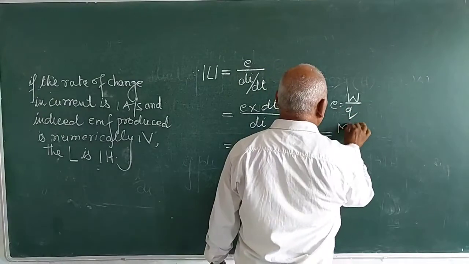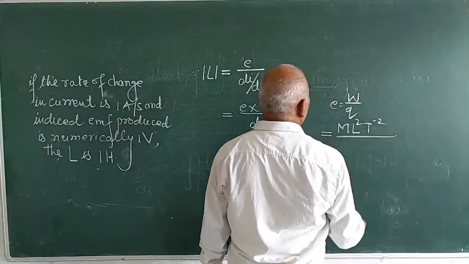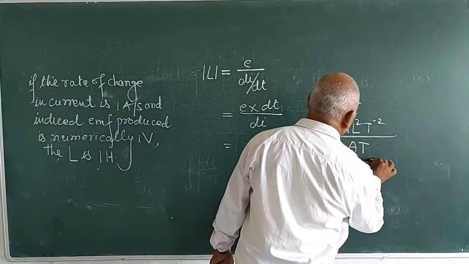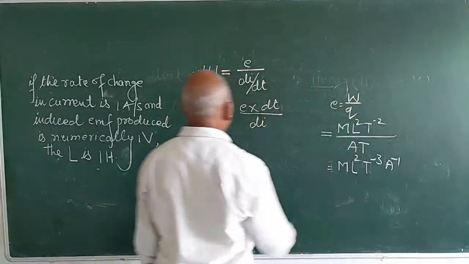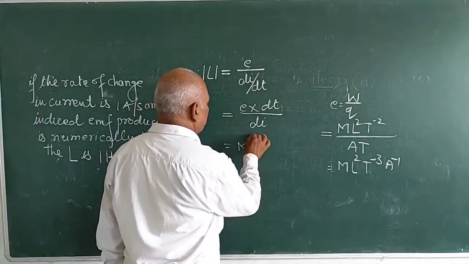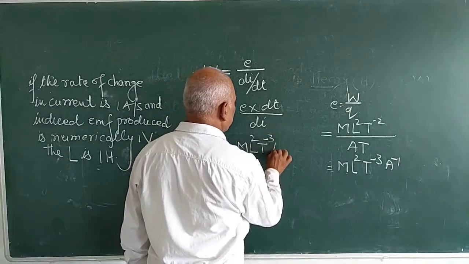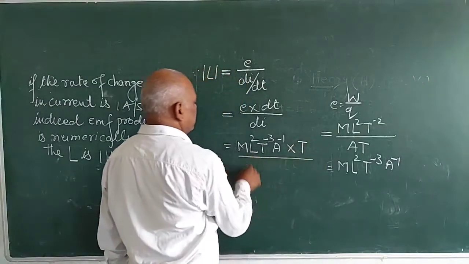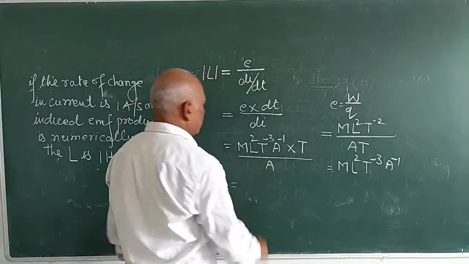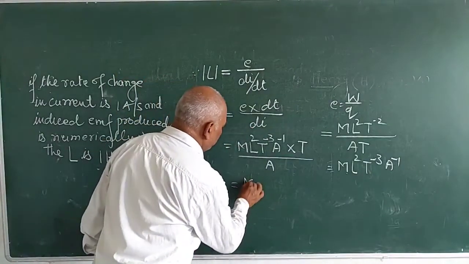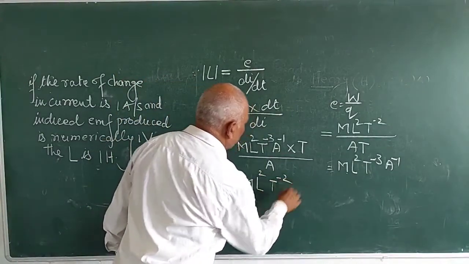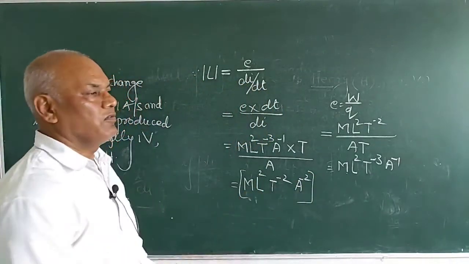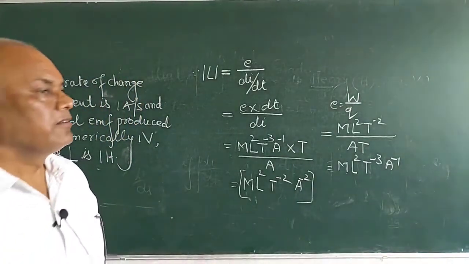W is M L square T minus 2, divided by A T. So this becomes M L square T power minus 3 A power minus 1. Multiplied by dt, that is T, divided by di, that is A. So this becomes M L square T power minus 2 A power minus 2. This is the dimensional formula of the coefficient of self-induction.